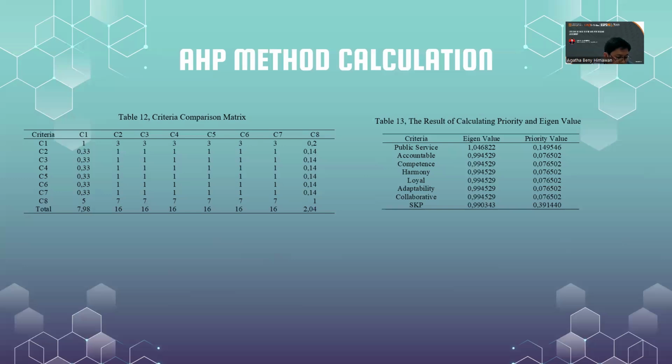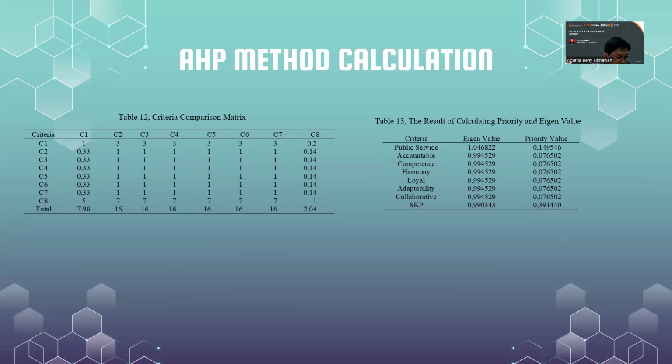But if the CR value is more than 0.1, then it is considered inconsistent. The CR value in this calculation is 0.0120, which means that the consistency of the hierarchy is acceptable.